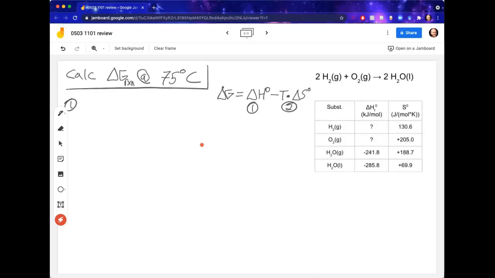So the first step is to calculate delta H. And to do that, we're going to have to do delta H of the products minus delta H of the reactants. And I'm writing it out here fully with the word so that you can see it.